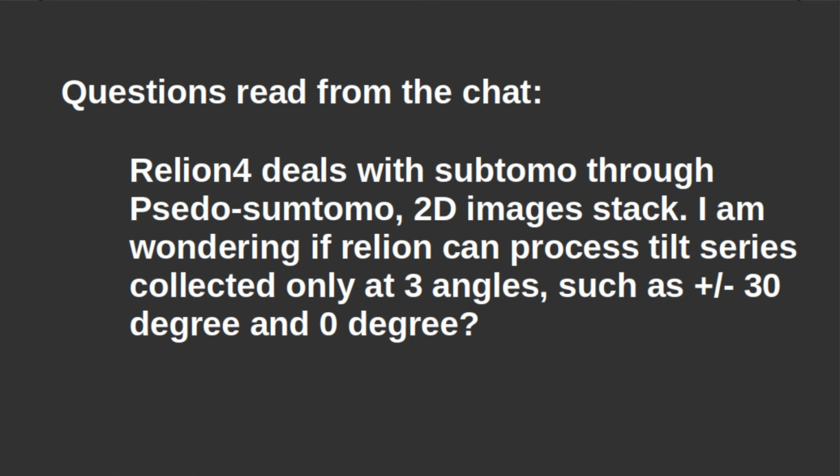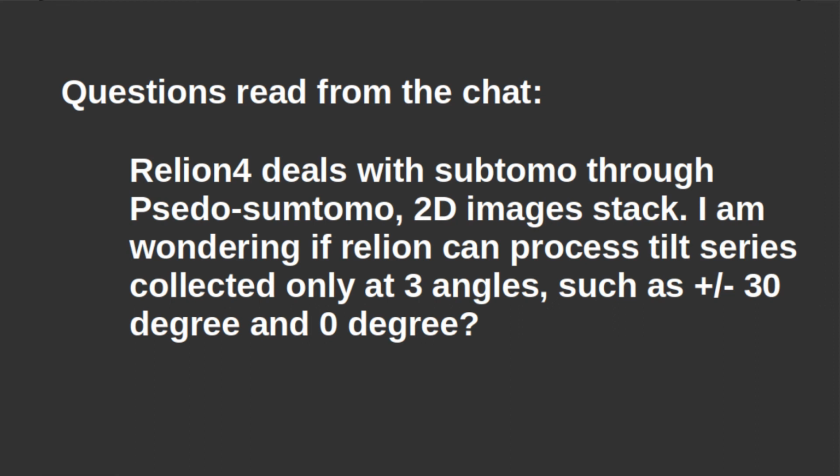The number of operations you would have to do would be a lot lower. But under the assumptions we make, we do think that the 3D approach that we currently have would be equally valuable, albeit a bit slow, for doing only 3 image tilt series. So this is definitely something you could look into. And if you do, let me know how it works. I would be very interested.